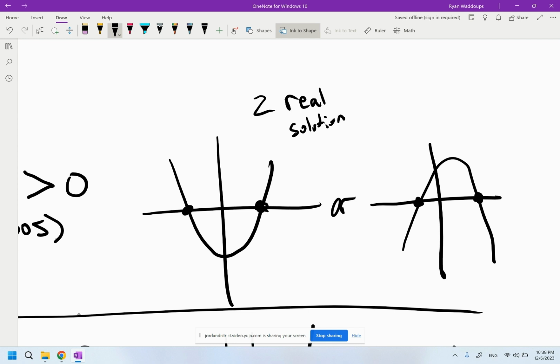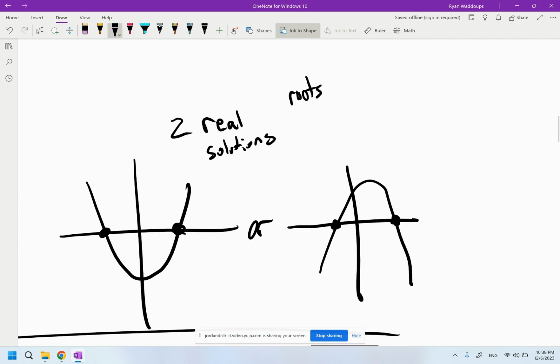We might also say two real roots, or two x-intercepts, or what's the other thing? Oh, zeros. We'd have two zeros, and those are the x values where y is 0.